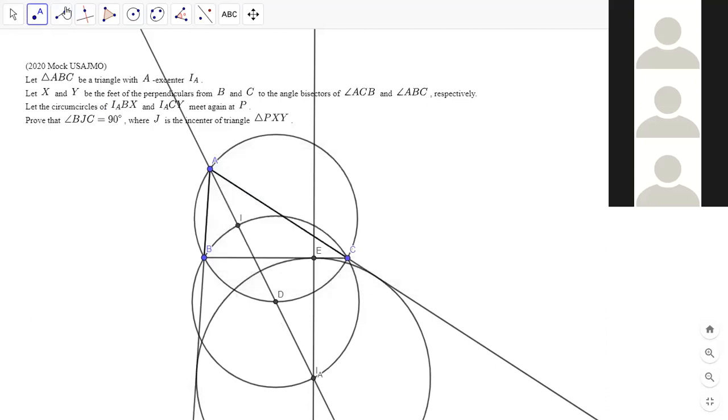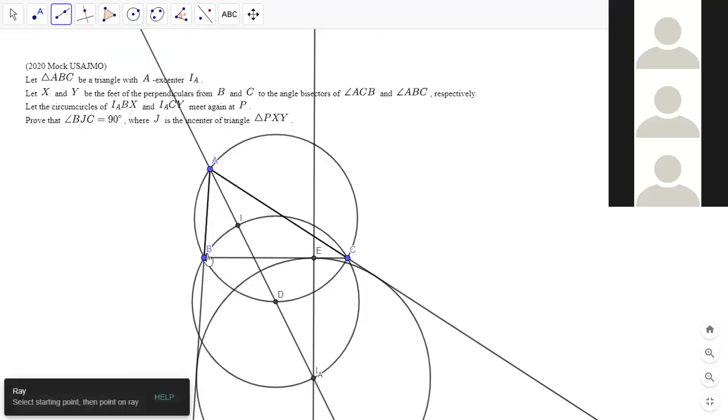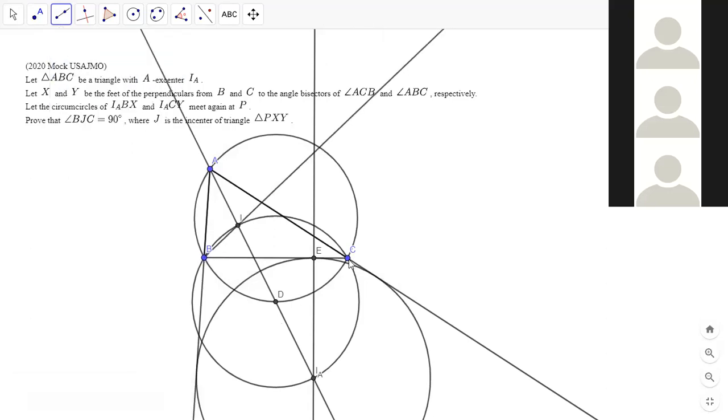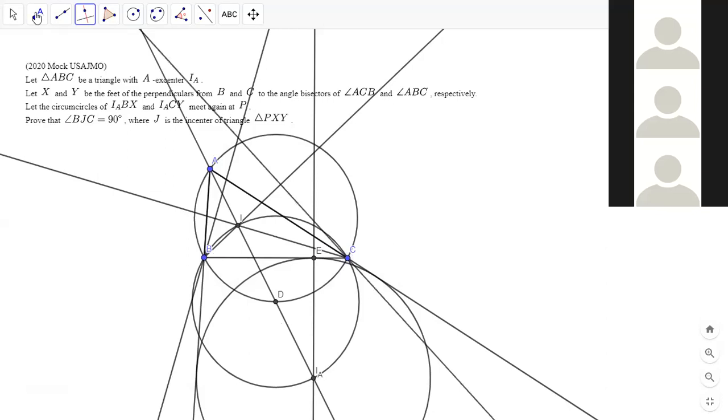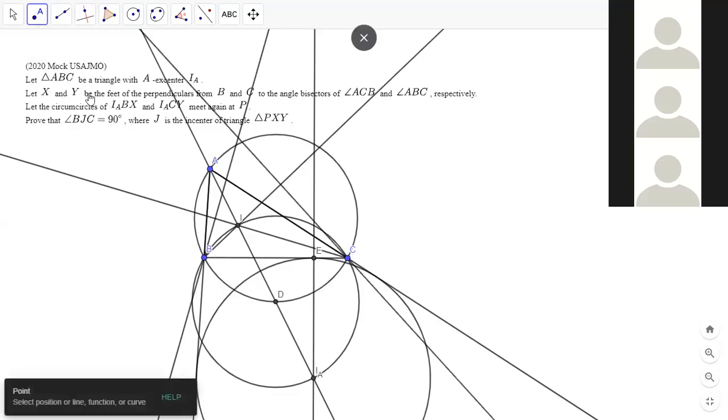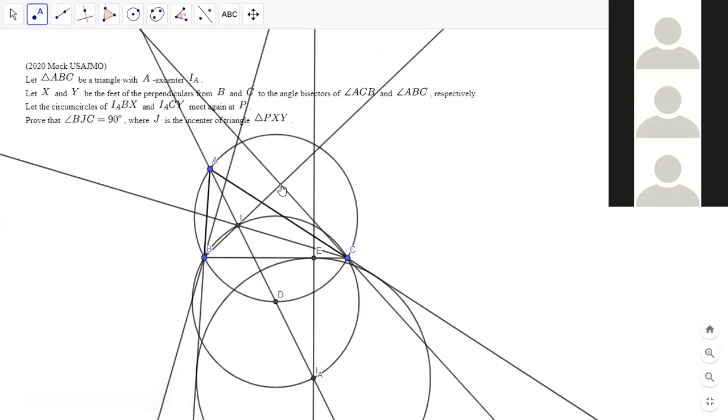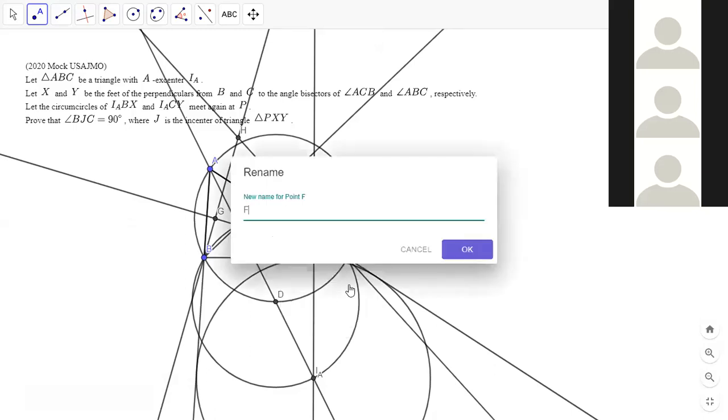And we drop perpendiculars. So from B to this angle bisector and C to this angle bisector, and we call them X and Y. And I'll just write this one for the heck of it, because then I is the orthocenter of that triangle.